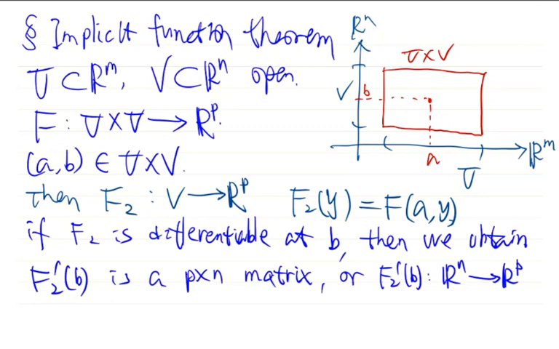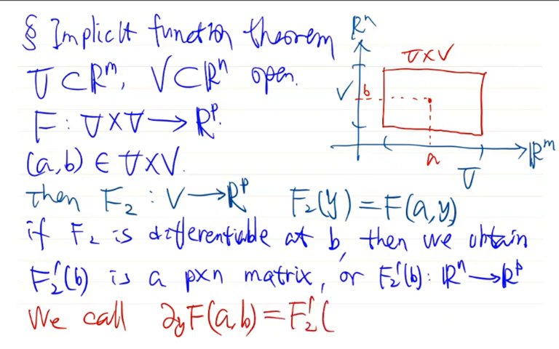So the derivative of F2 at b is a linear map from Rn to Rp. Of course, this is simply a p by n matrix. So this derivative of F2 at b is called the partial derivative of F at (a, b), which is by definition the derivative of F2 at b.